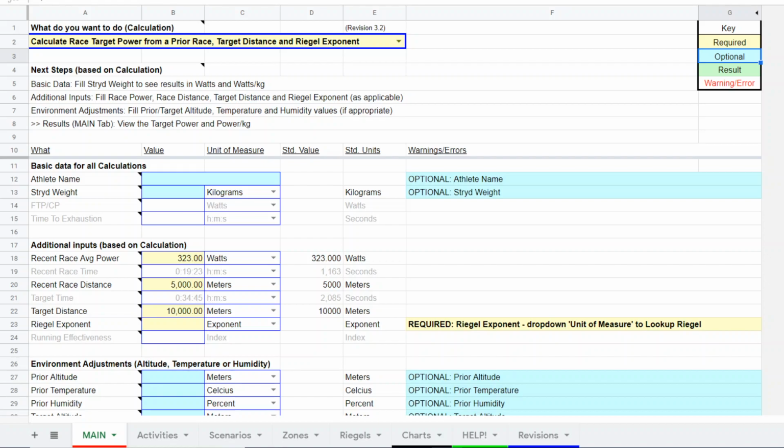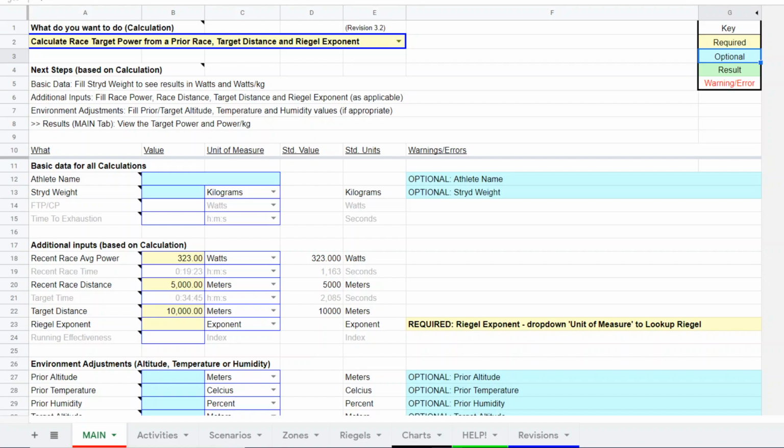First of all, we have a new version of the SuperPower Calculator, version 3, which includes some updates and a section that helps you select the Riegel exponent that you'll use in some of these race power estimations.